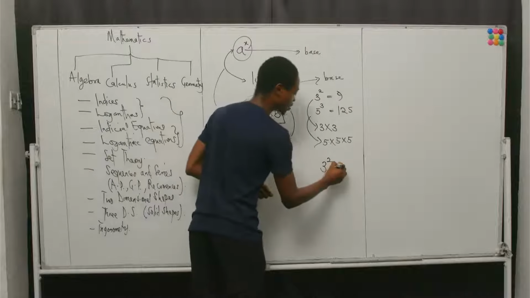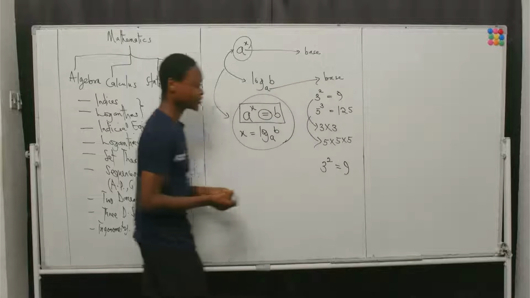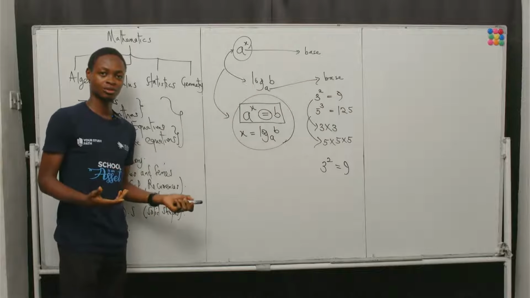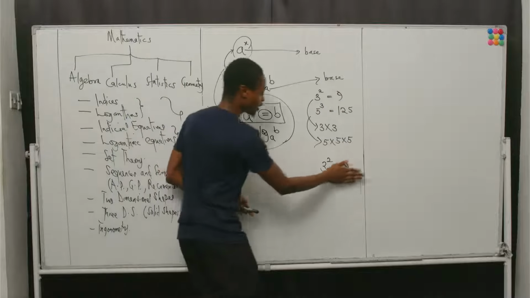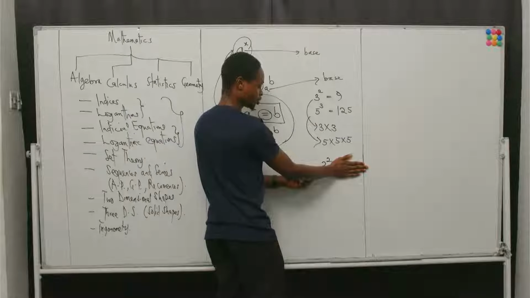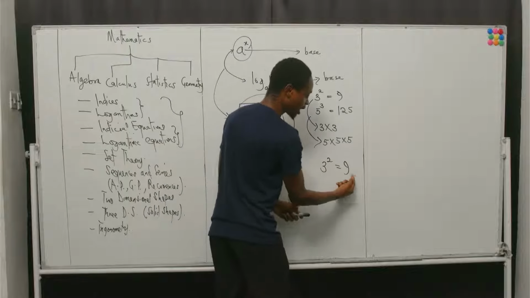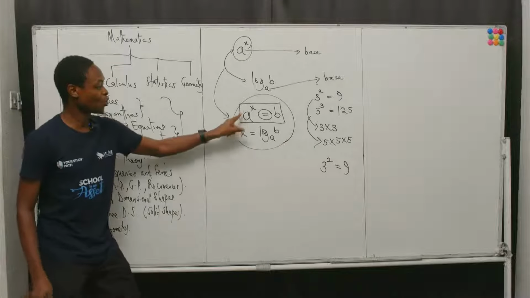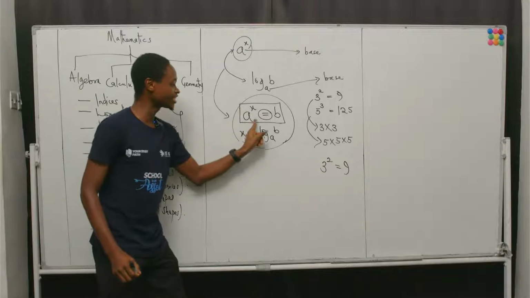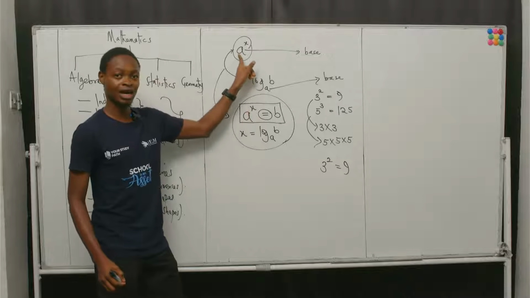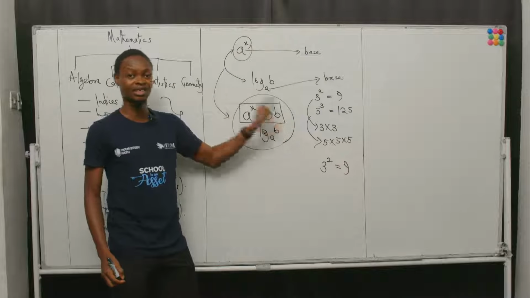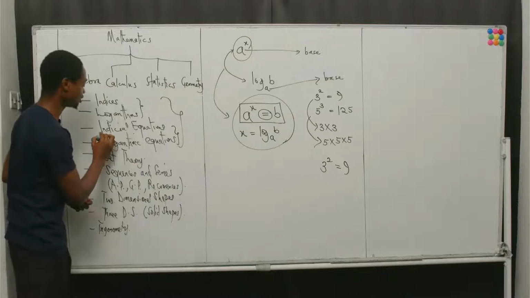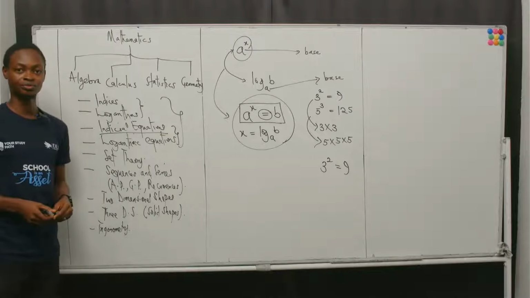But the moment I say 3 squared is equal to 9, then it becomes an equation. So 3 squared alone, an expression. 3 squared is equal to 9, becomes an equation. Does that make sense? So this index expression, when it is equated to anything, becomes an index equation.